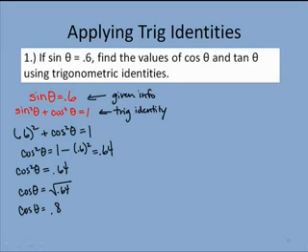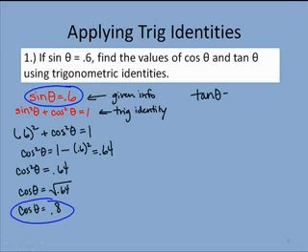Okay. Now, the second part of our question asked us to solve for tangent theta. Well, we know that sine theta equals 0.6, and we know that cosine theta equals 0.8. So look at your trig identities again and see if you can find an identity that relates cosine, sine, and tangent. I'm going to give you a second to do that. You should have found this one, tangent theta.